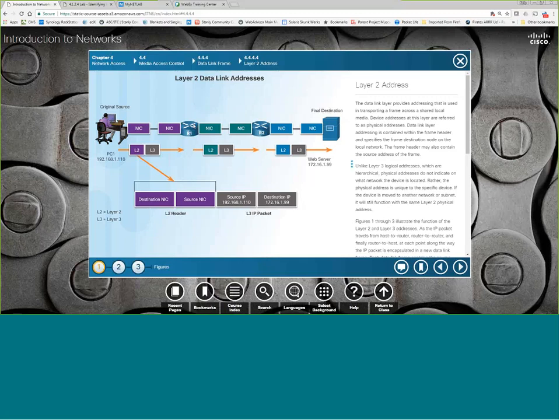So if this is Ethernet, then it's going to put a destination MAC address and a source MAC address. If it's HDLC, it's point to point, so there's really no need for a layer 2 source and destination, because if it goes out this side, it's got to go to this side. If it's using frame relay, it's going to put the information needed for frame relay, source DLC and destination DLC. So it does actually rewrite the frame when it exits the router.